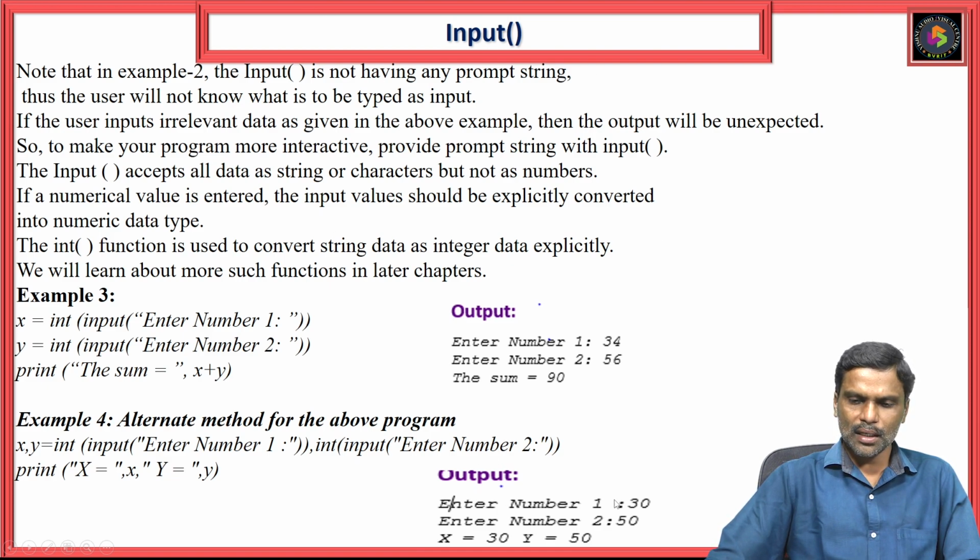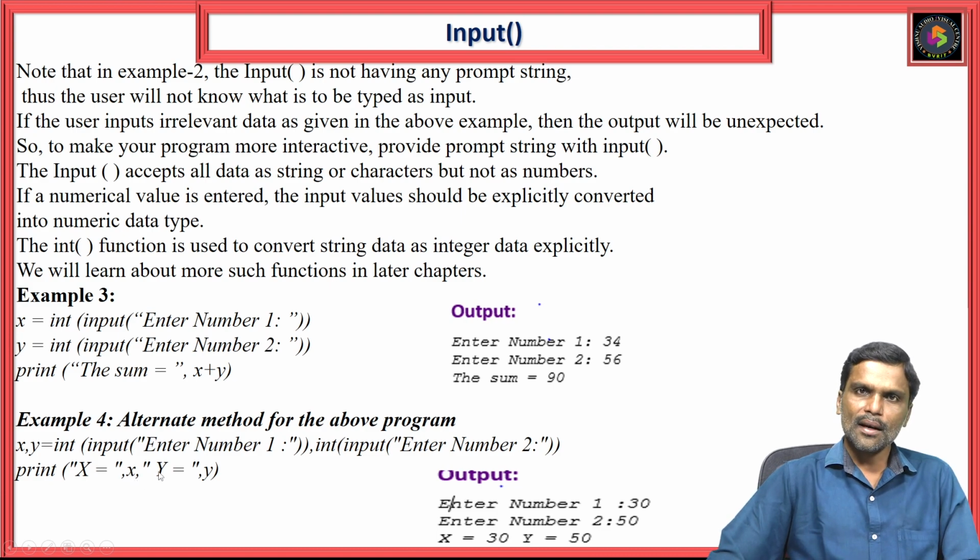Here, enter number 1, first number x, I have given 30. Enter the second number, I have given 20. Then x is equal to 20, y is equal to 50. Here the capital X is the string that holds the value stored in the small x.